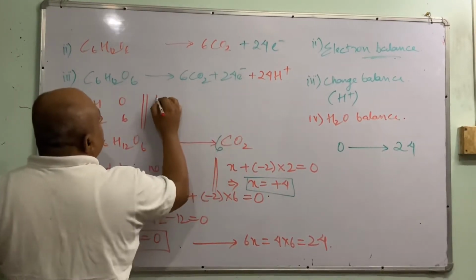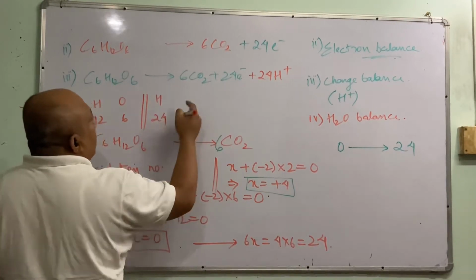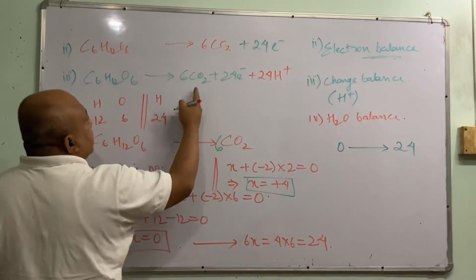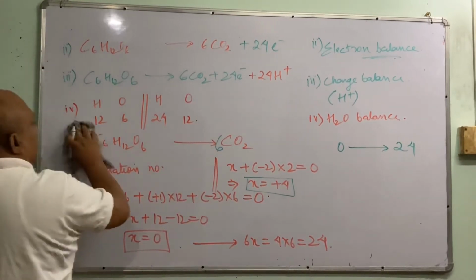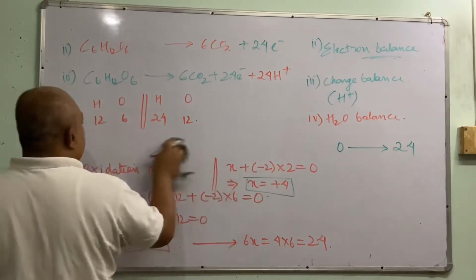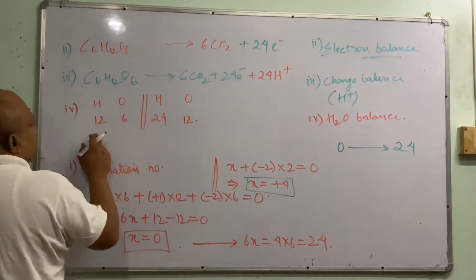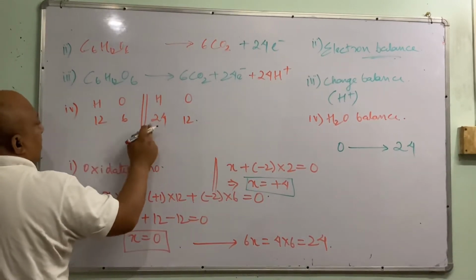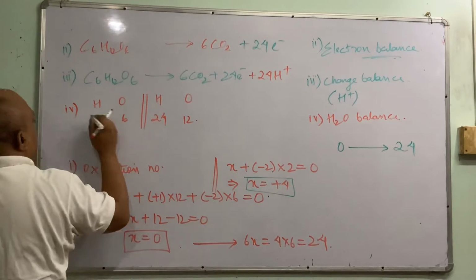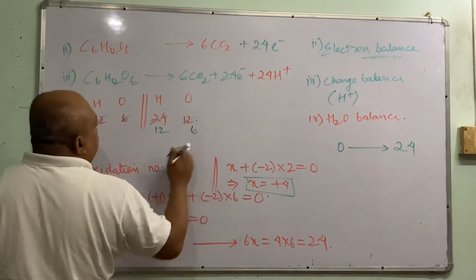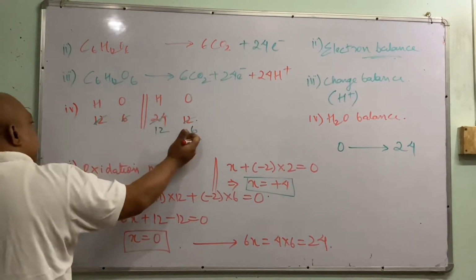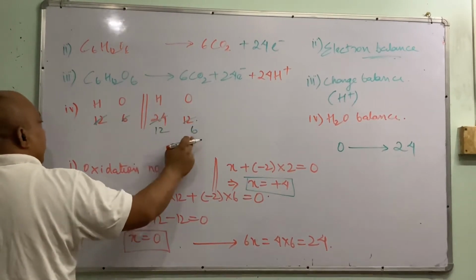Here hydrogen is 24, oxygen is 6 to the 12. So what happened is this 12 and 24 cut. You can say 12 is left, and 6, 12, 6 is left. That means the right side is having 12 plus and 6.